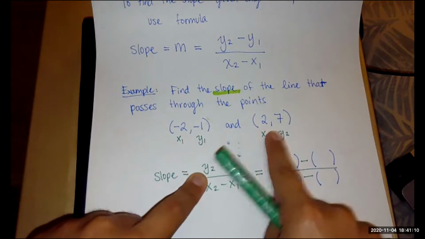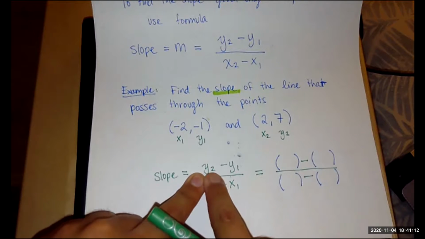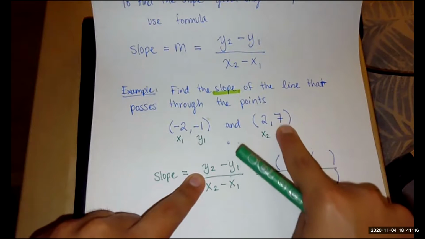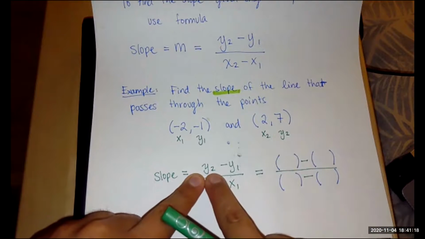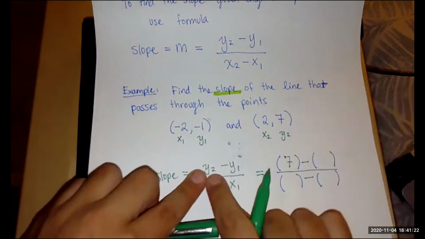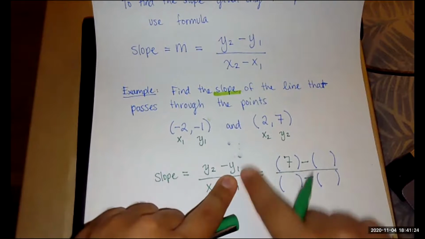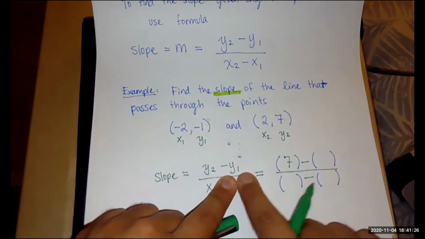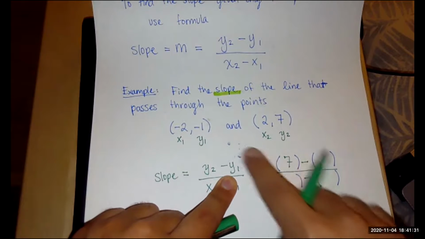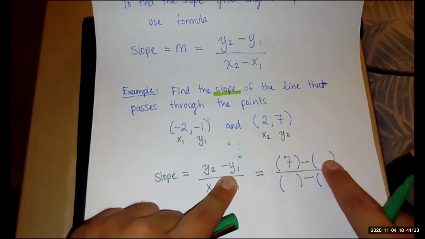Because I've labeled these points, and this is the first point given, and this is the second point given, then this y value, 7, has to be y2. So I'm going to put a 7 right there, because that's y2. And then y1 should be -1. And be careful here. This negative is already here, but you still have to plug -1 in.